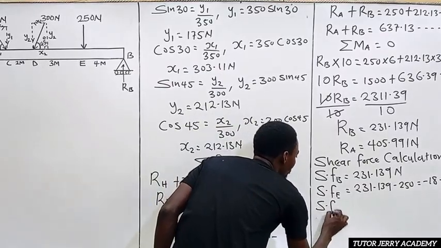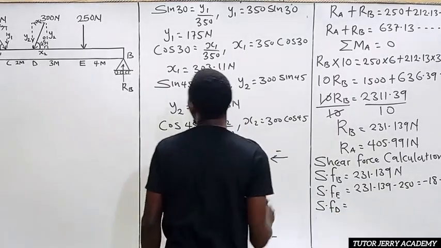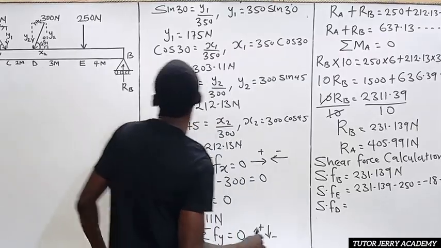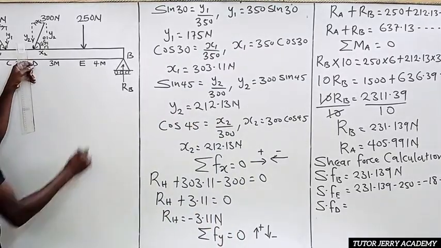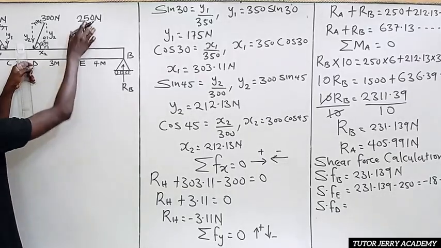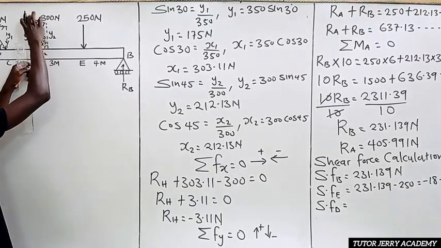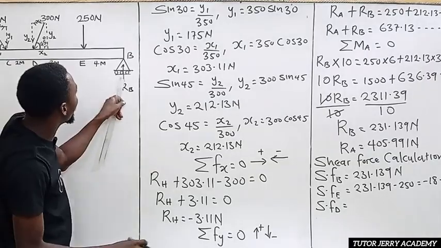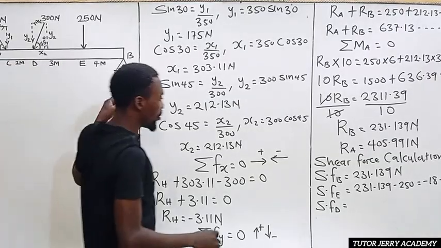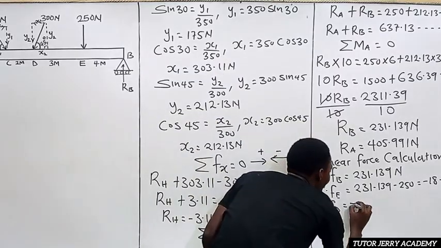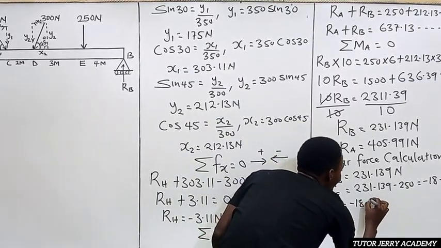So the next one is the shear force at point D. The shear force at point D is going to be ROB minus 250 minus Y2. And don't forget, we've already gotten the summation of these two forces, which is minus 18.86.